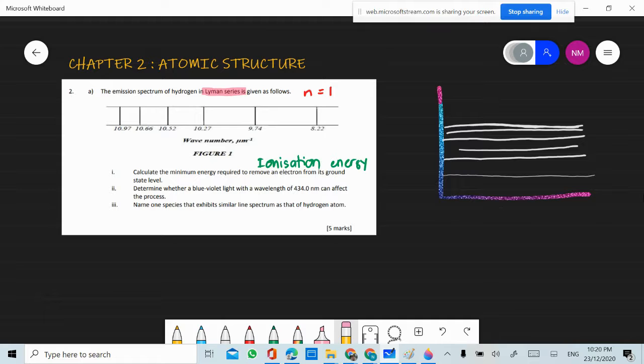So this is our energy level, n1. Our electron is originally from here, and if it is removed, that means the electron will be far away from the ground state. If it is far away, it must be removed from n1 until n infinity.